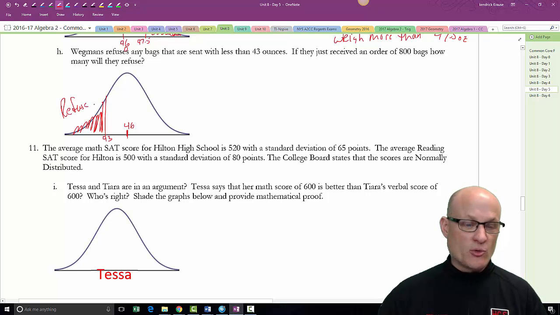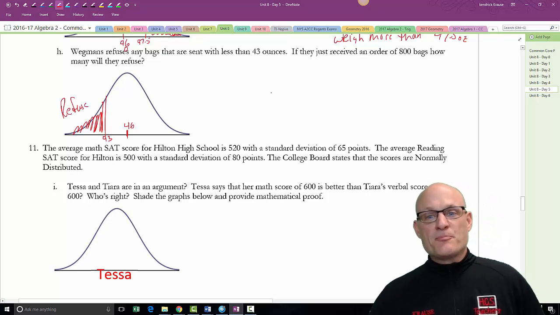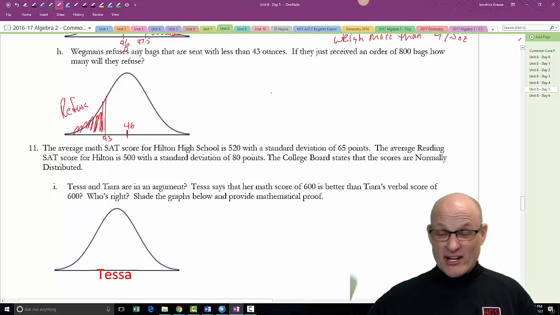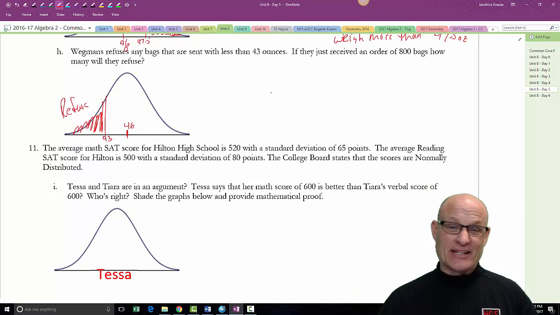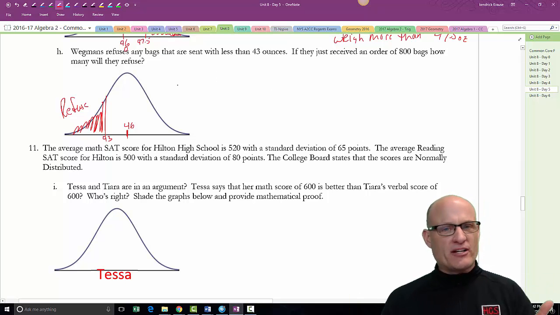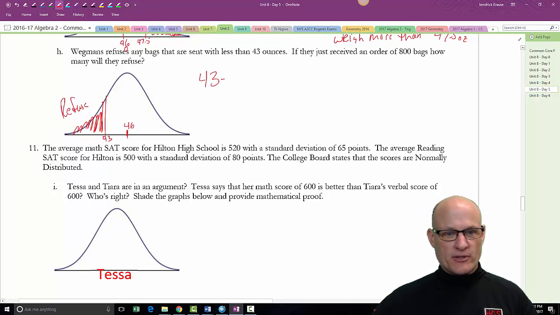We've got to figure out approximately what percentage of bags Wegmans is going to refuse. The first thing we've got to do is figure out what percent of bags are going to come with less than 43 ounces. So we convert that to a z-score: 43 minus 46 divided by 1.2. This is our z-score.